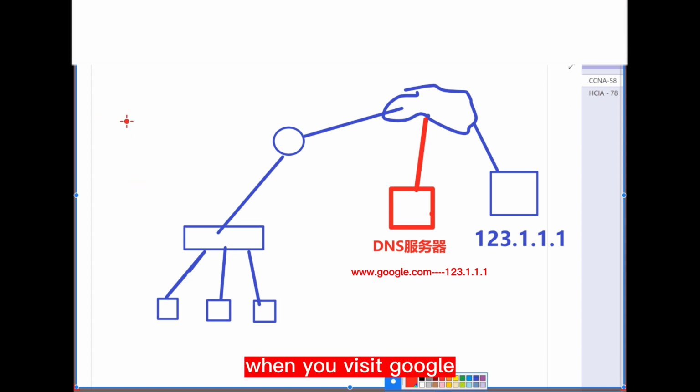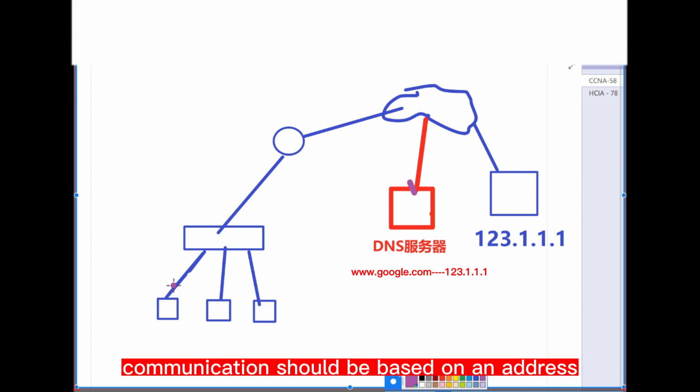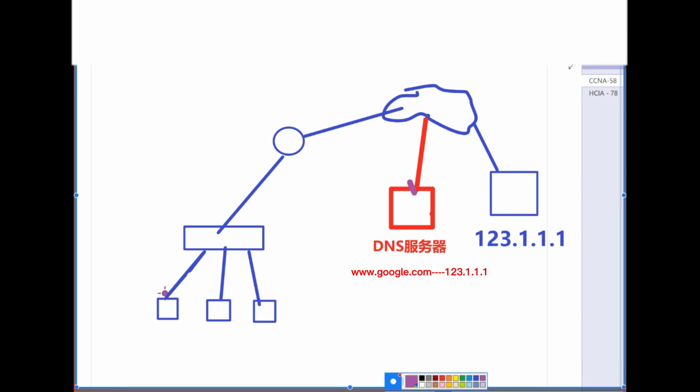Normally, when you visit Google, you use a domain name, for example, ping www.google.com. Ping is given a domain name, but logically, communication should be based on an address. You can't communicate with a domain name.